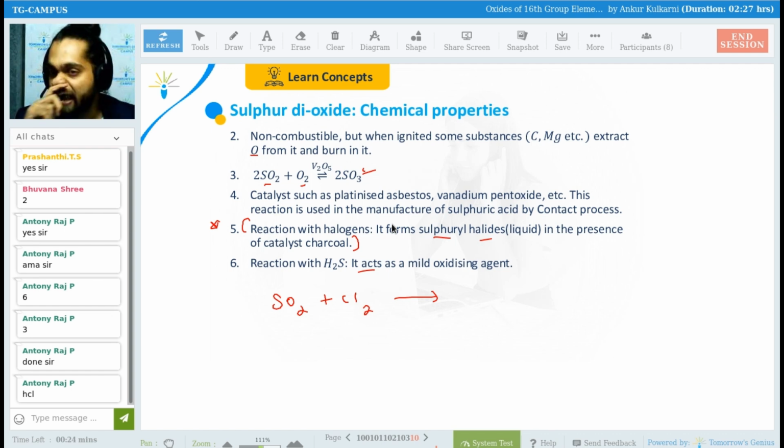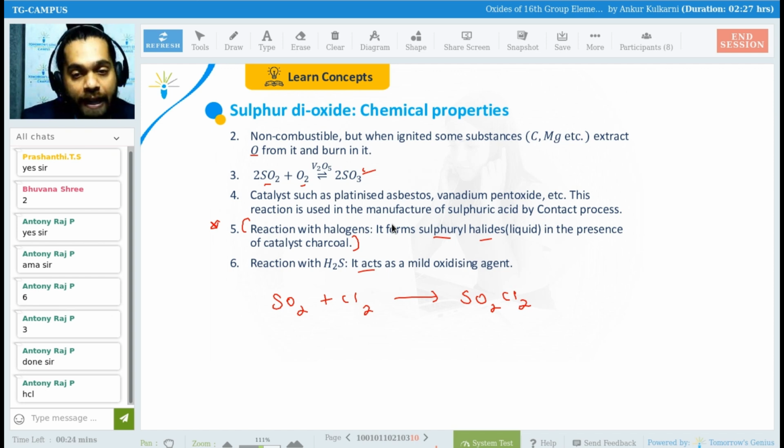SOCl2. Exactly the same is sulfuryl chloride. The only thing is you have one more oxygen. That is SO2Cl2. So this is a sulfuryl chloride.